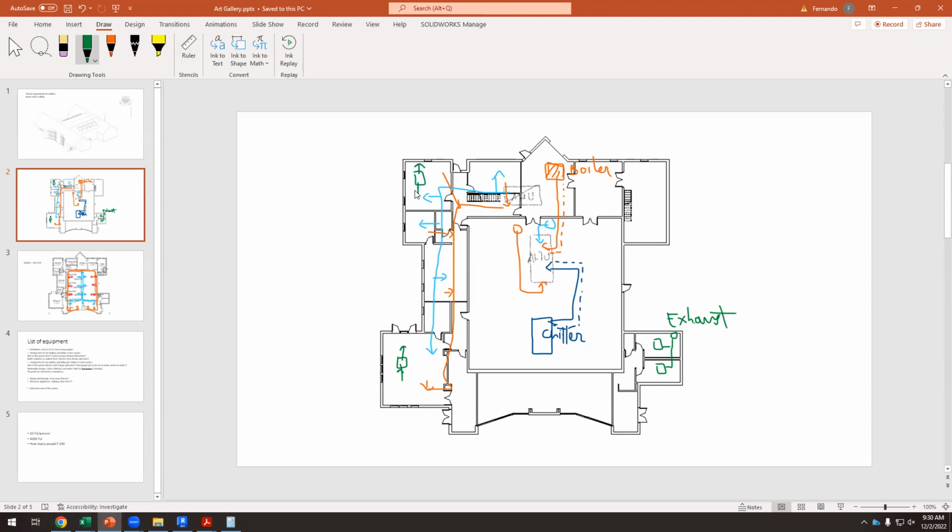I would have split systems on all these spaces, these small rooms or whatever. And I need to connect this to heat pumps. So the heat pumps will be here. So I need as many heat pumps as indoor split units I have.